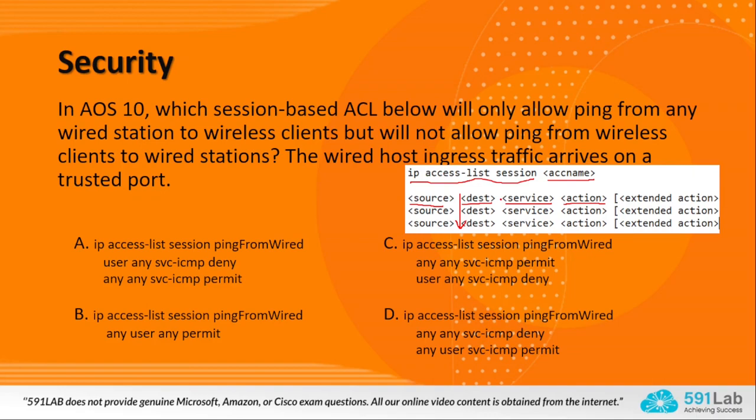Even wireless users can ping wired hosts. So it cannot fulfill the requirement given in the question. So it is not correct. Option D. The first rule is denying ICMP traffic from any source to any destination. So it will not allow wired hosts to ping wireless users. So this is not correct. So the correct answer is option A.